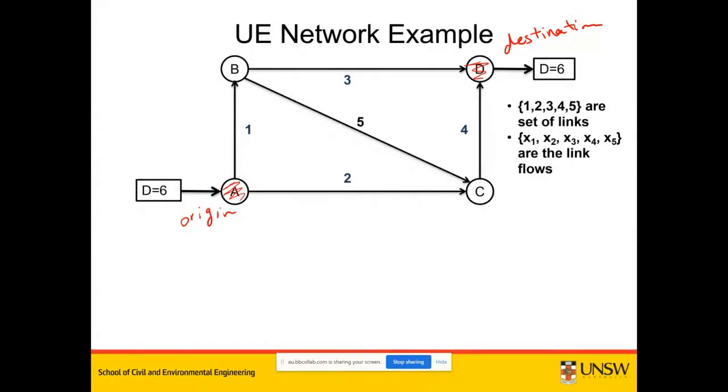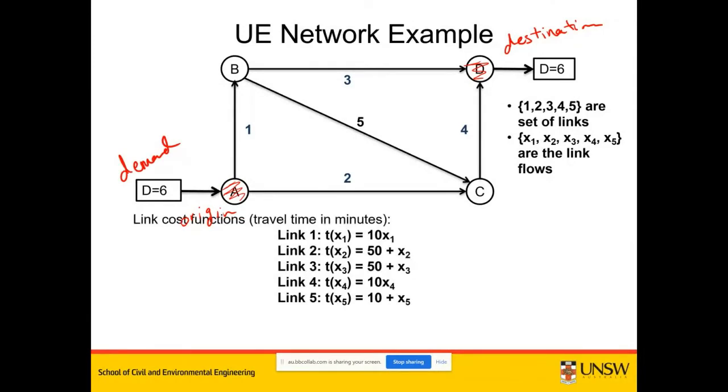I have a set of links, 1, 2, 3, 4, 5. The demand is 6. And the link cost functions for each of the links: T1, T2, T3, T4, T5.